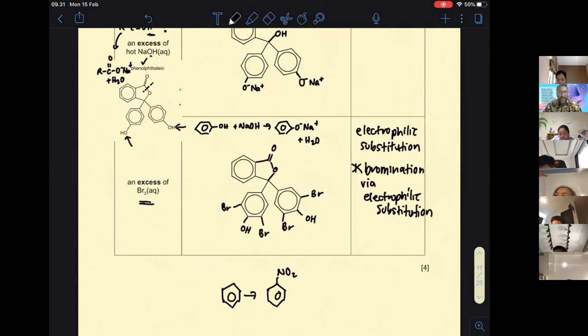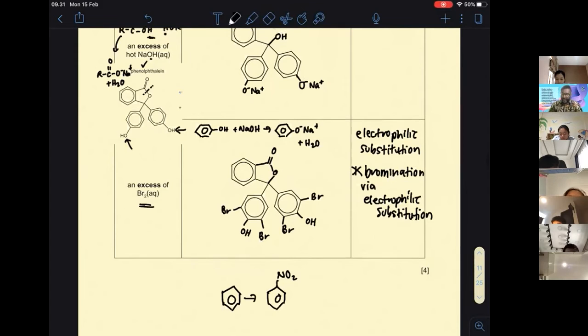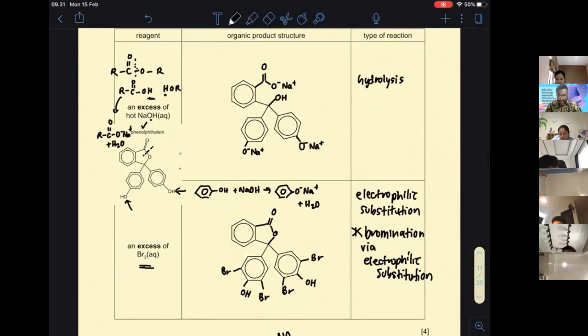If you are confused which one to write, but don't always use this, because it can have some negative impact on your answer. The examiner might think that you're simply giving all the answers because you're not sure. But in this particular case, I will answer as bromination via electrophilic substitution, and this is what we learned according to the past year paper. Like for example, we have been trained to learn about the mechanism of the reaction, and suddenly you have type of reaction and you're not sure.